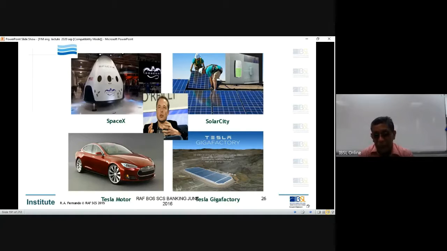Now, how did they generate funds? Not issuing shares, not using retained profit, not getting any government funds, not taking any bank loan, not issuing any debentures. He looked at fundraising in a totally different way.